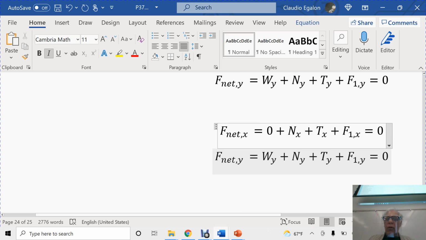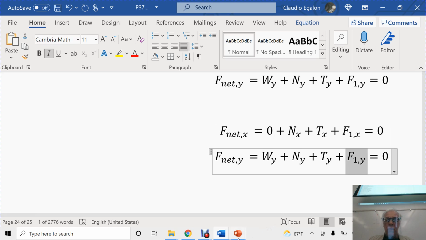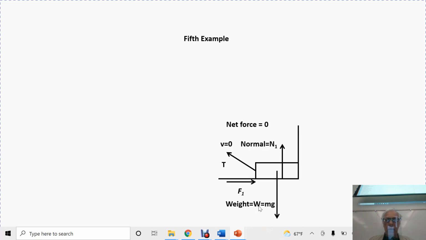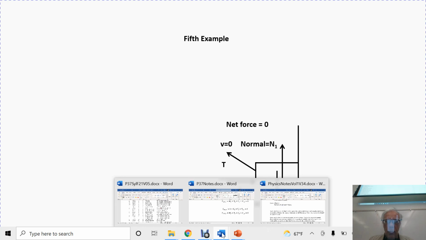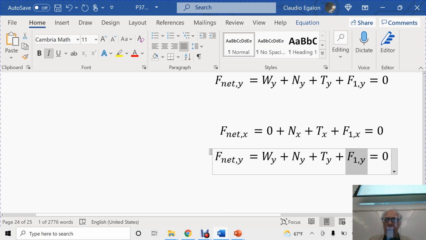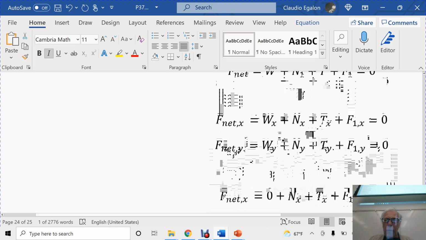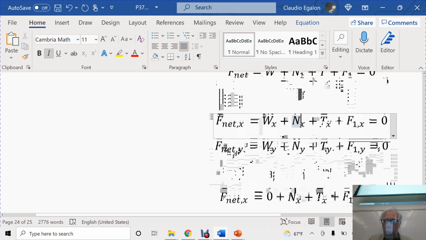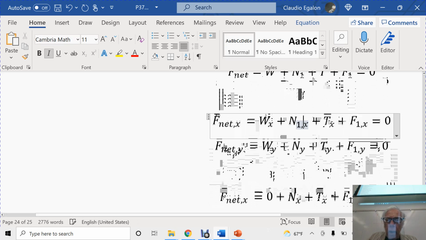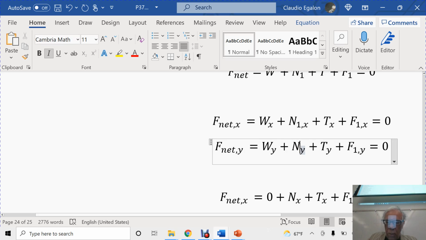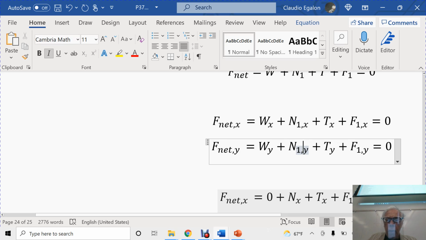What about this force here? Does it have a y component? Yes or no? Take a look at the drawing. Does F1 have a y component? No. And what about this normal one? Does it have an x component? No, right? So N1 has no x component, F1 has no y component. I should have put the subscript 1 here.